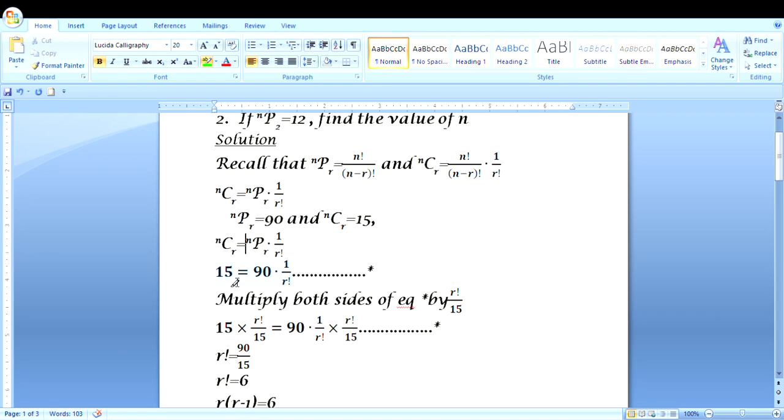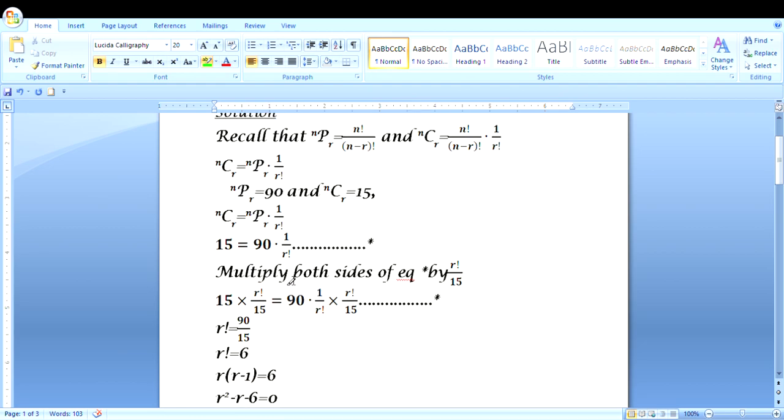In place of nCr we put 15, and in place of nPr we put 90, and we name this equation star. For us to move further, we multiply both sides of equation star by r factorial over 15.